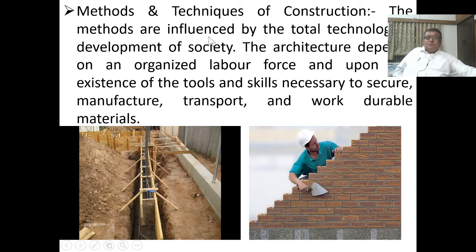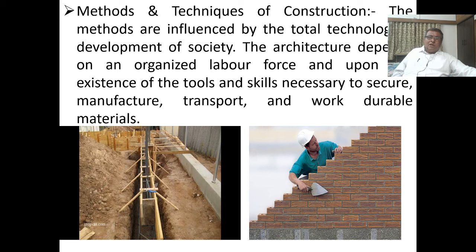So the methods of architecture show the technological development of the society, and the architecture depends upon the organized labor force and upon the existence of tools and skills. Tools, skills and an organized labor force are also necessary for good architecture.